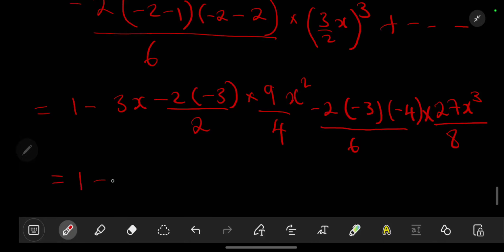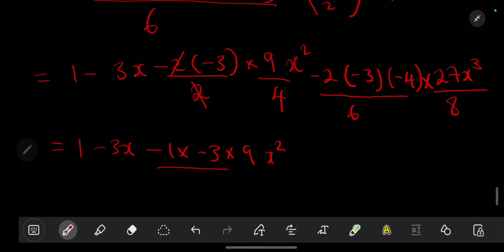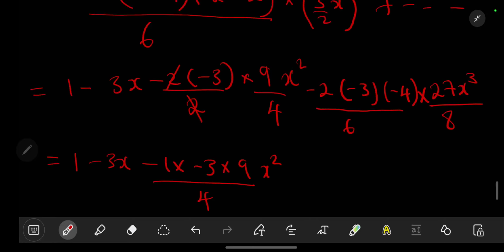So we have 1 minus 3x like that. So this one and this one cancels. So we are remaining with a -1 times -3 times our 9x squared, over our 4 like that. This is going to give us, negative times negative times negative, it will be -2 times 2 times 3 times 4.